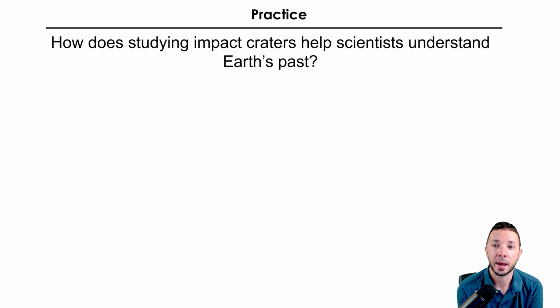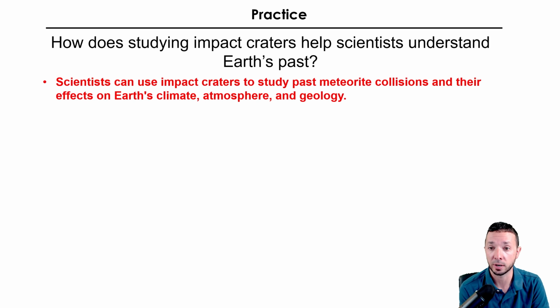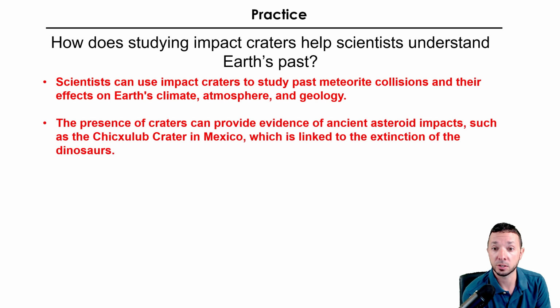How does studying impact craters help scientists understand Earth's past? Some good answers to this could be: scientists can use impact craters to study past meteorite collisions and their effect on the Earth's climate, atmosphere, and geology. The presence of craters can provide evidence of ancient asteroid impacts, such as that crater in Mexico that we just saw that wiped out the dinosaurs, which could be linked to extinction events.